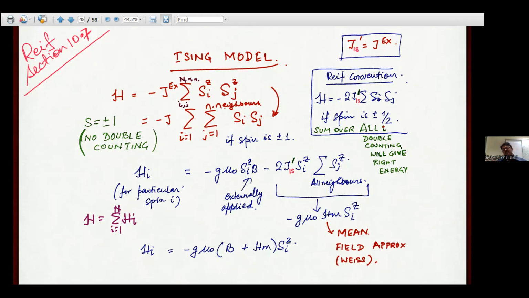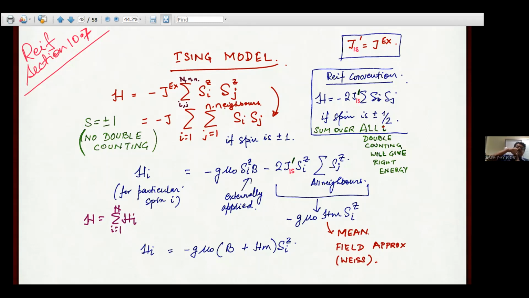And the higher the temperature you fix of the system, a larger number of spins will flip. If a larger number of spins flip, it is going to access even higher number of energy microstates, right? So at very high temperatures, an equal number of spins on an average will be up and down, right?